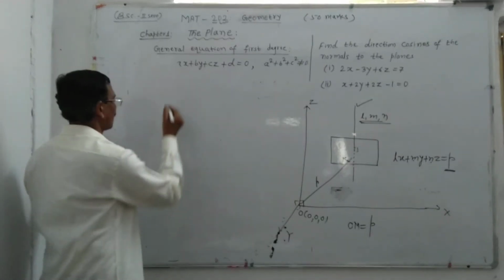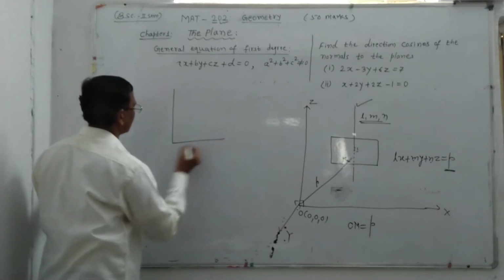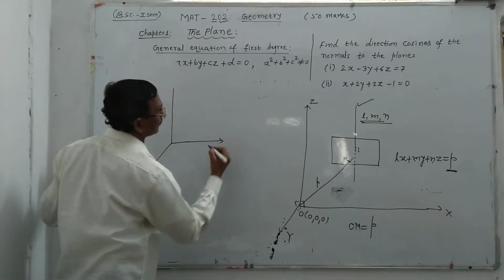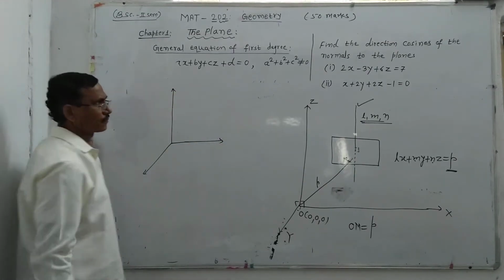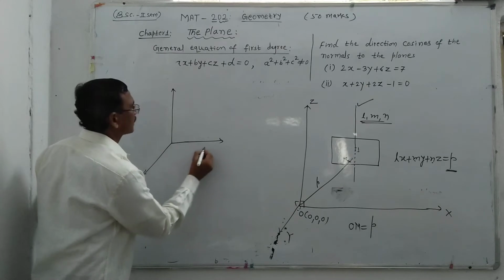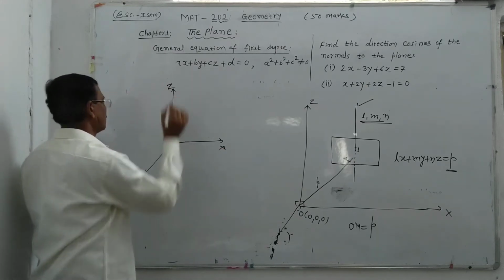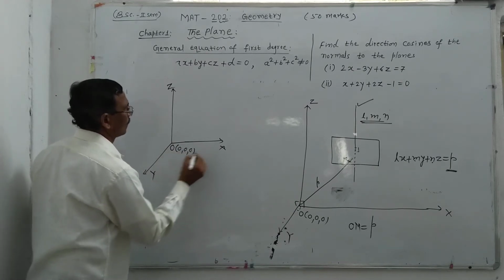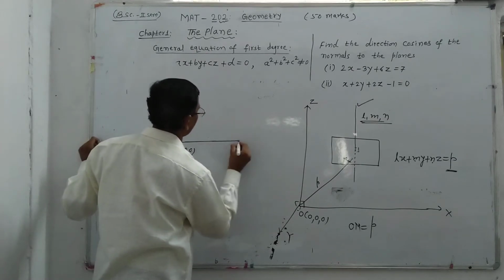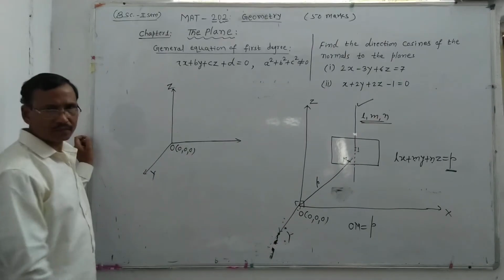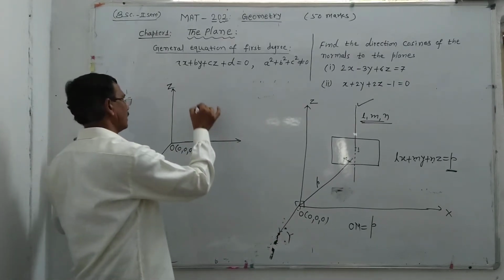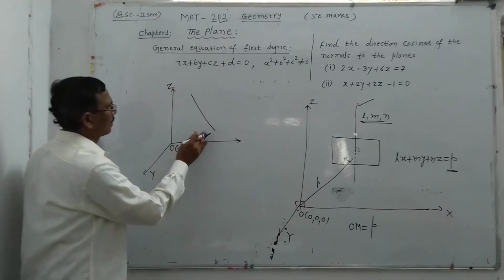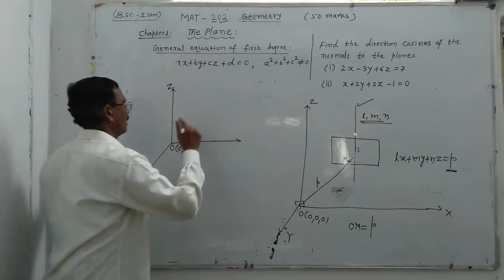Look here. Suppose this is the x-axis, z-axis, and this is the y-axis. Origin (0, 0, 0). And consider any line in space, like this.